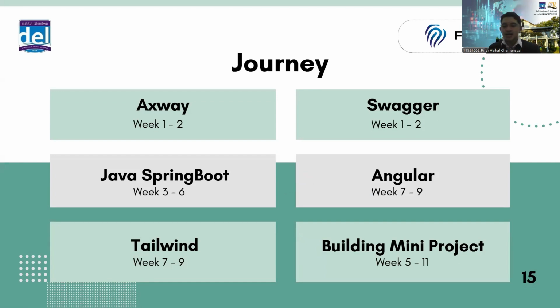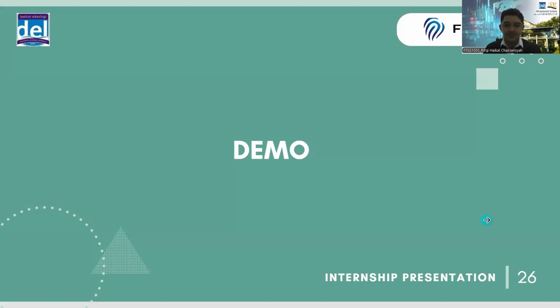Using Angular, I learned to build a single page application component by component, with interfaces, and handle the front end. For design, I used Tailwind, which I learned in weeks 7 until 9. I implemented the project by building a mini project from week 5 until week 11.